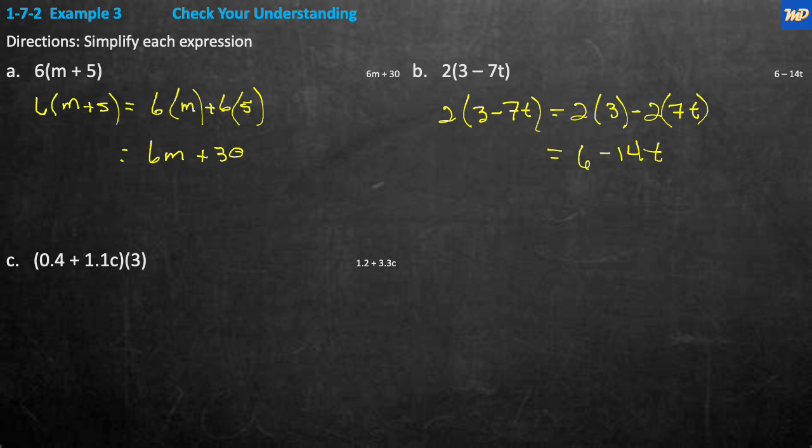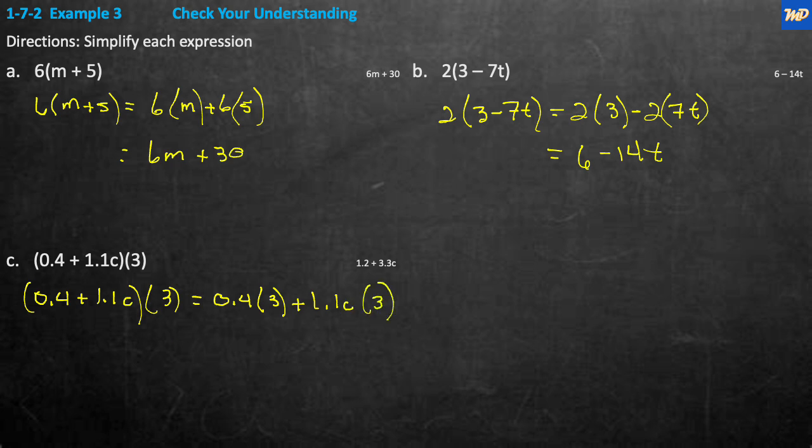Okay. How about this one? C. The quantity 0.4 plus 1.1c times 3. And that equals what? So 0.4 times 3 plus 1.1c times 3.